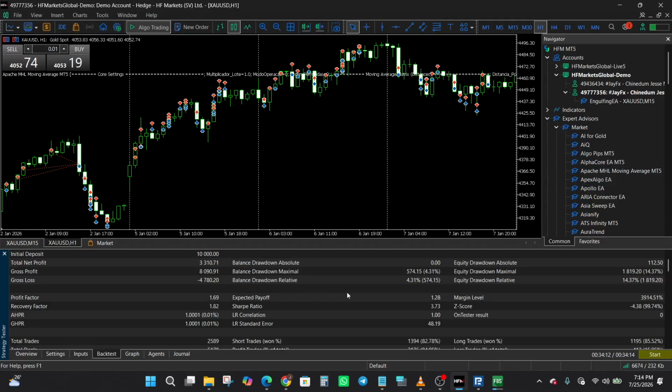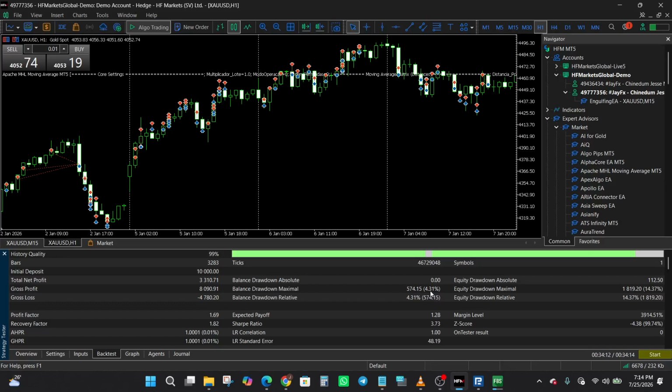The maximum balance drawdown was contained at 4.31%, but equity drawdown reached notably higher at 14.37%. That gap between balance and equity drawdown is worth paying attention to, since it reflects the kind of floating exposure that you would expect from a system that uses grid and martingale style order stacking while a cycle is still open.